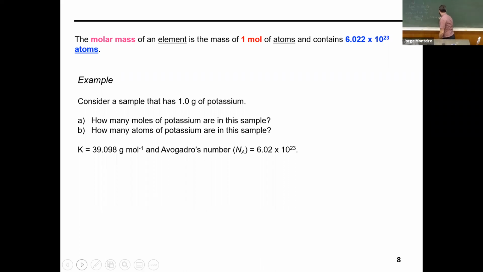Or, if you want to put this result in scientific notation, 2.6 times 10 to the minus 2 mole. Right, so pay attention to the number of significant figures. So it's multiplication and division, and our limiting number here is 2 digits. Therefore, your result must have 2 digits.